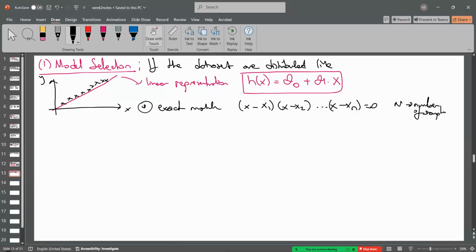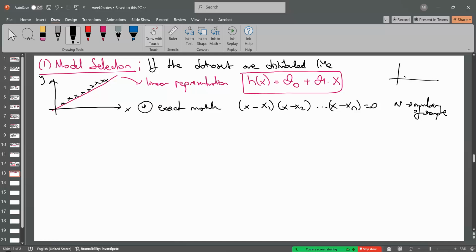This is the exact solution for this algorithm, because x1 is the first data, x2, x3, x4, x5, and so on. If you put the whole equation together, these roots give us the model, but this is so unstable.